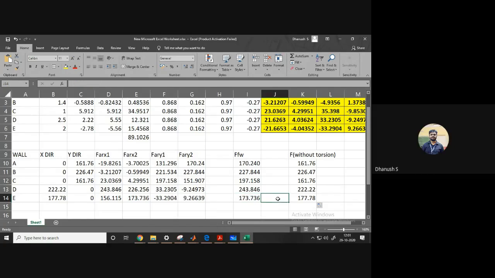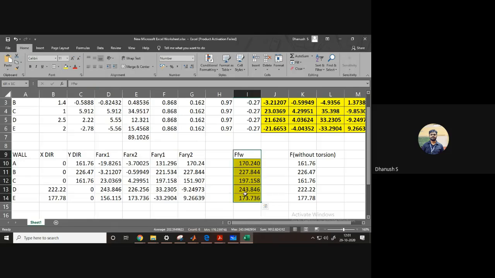Yeah. In the old code book, you would have to replace this 173.736 value with 177.78 and design it for that. But in the new code book, there is no clause that mentions neglect the effect of negative torsion. So you guys do it for these values only.